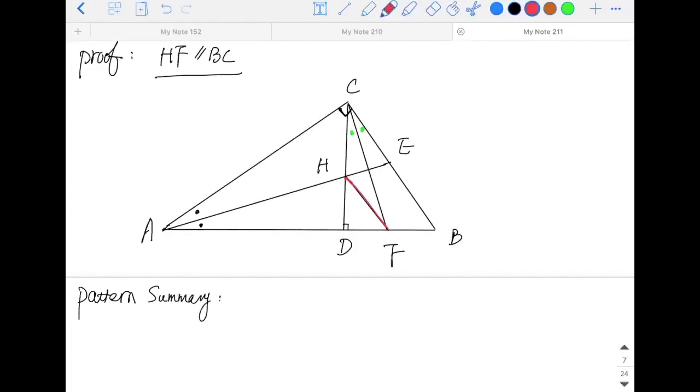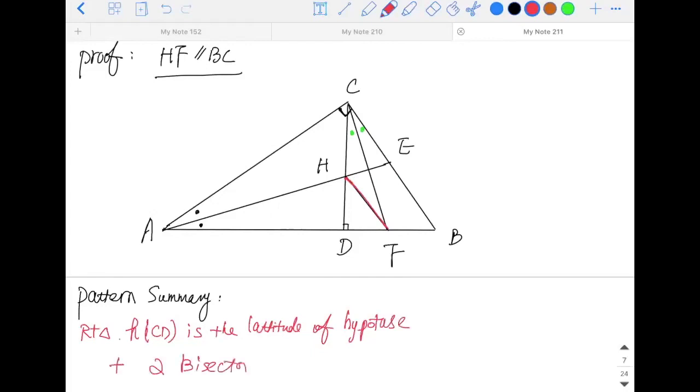As long as you see a right triangle with CD, in our case, CD is the altitude on the hypotenuse, plus you have two bisectors, right? This is exactly what the question tells me.